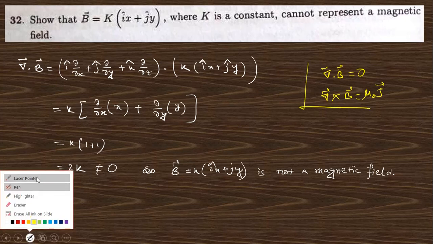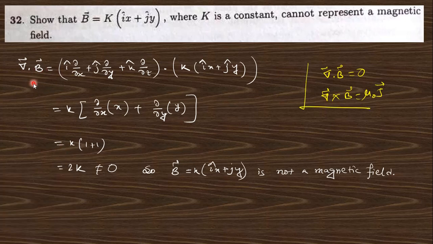We need to check the divergence of B, that is i, j, k derivatives. The derivative with respect to x is 1, and with respect to y is 1, so this is not equal to 0. But for a magnetic field, divergence B must be 0. Here we did not get divergence B equal to 0, that's why this is not a magnetic field.